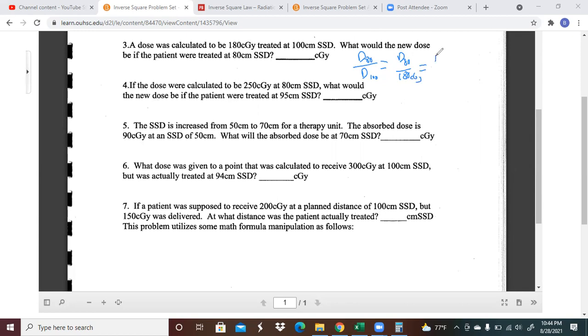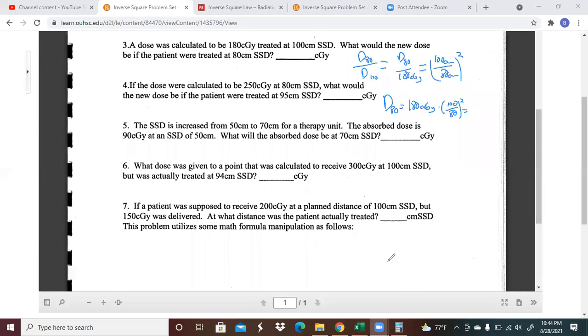So then we should end up with 100 cm divided by 80. What does this end up equaling?